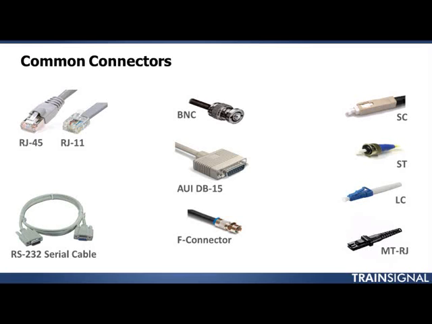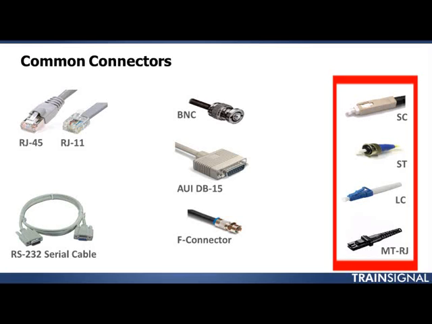Now, the last set of connectors that I want to talk to you about here are all the ones listed on the right. And we're not going to go into any real specific detail on any one of them, but I just wanted you to get a feel for what they look like. You'll see that I have the SC, the ST, the LC, and the MTRJ connector, and these are all fiber optic cable connectors. Okay, now there's a lot of details about each connector and the specifics of where you would see it and when it's used that I really, honestly, don't want you worrying about right now.